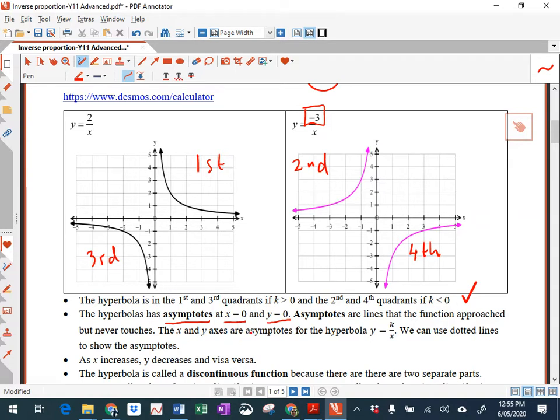So let's have a look at x equals 0 and y equals 0. x equals 0 is a vertical line that the hyperbola approaches but never touches. That is the vertical asymptote.